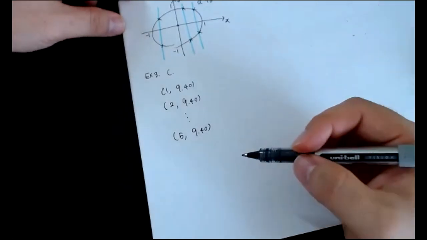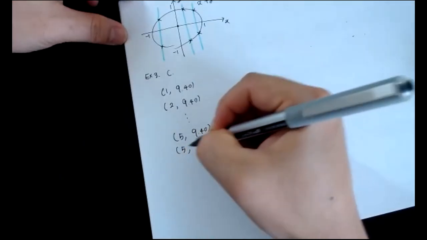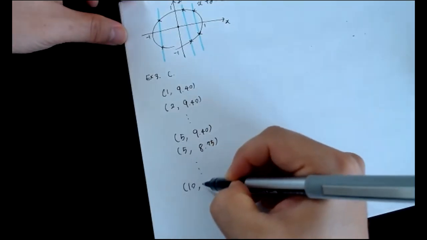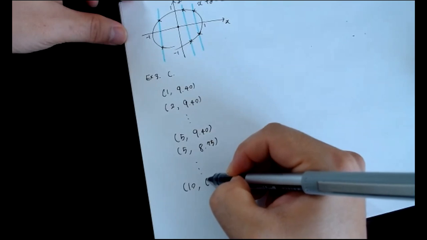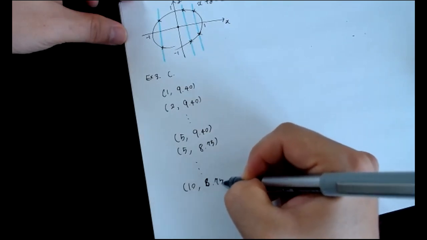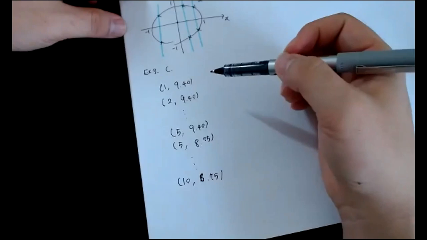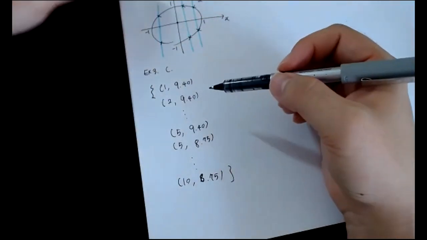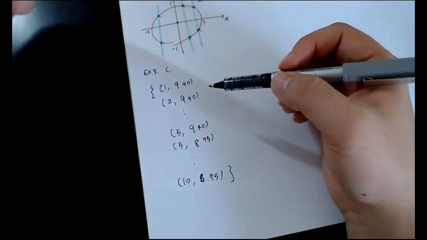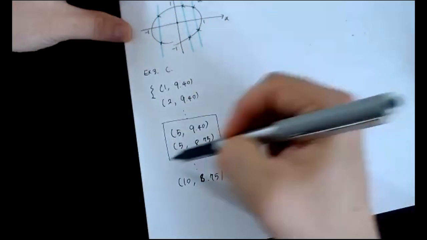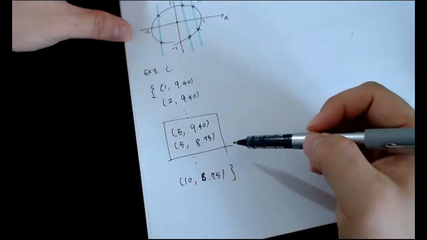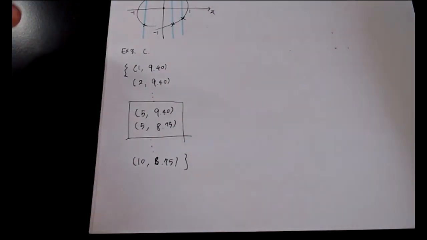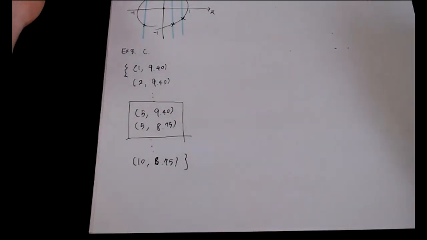And then the second row in the table, we get 5, $8.75, through 10, $8.75. I know it's kind of weird, but I just rewrote the table as a set of ordered pairs. Now look at these two: they have the same first but different second, right? So it means that C is not a function. Okay, now, next one.